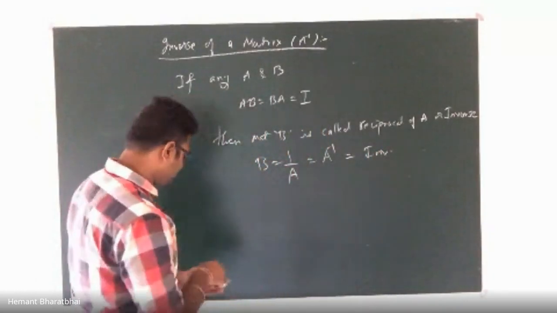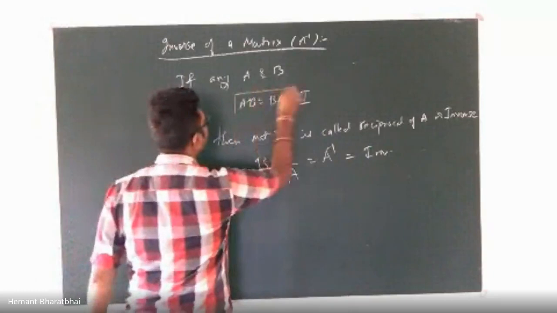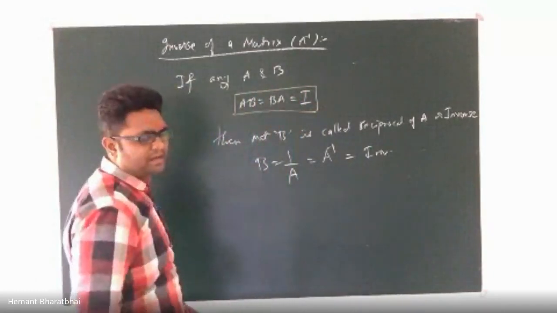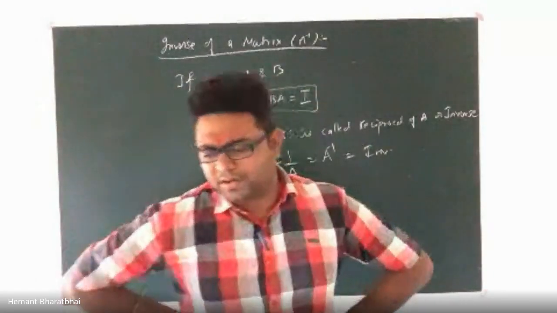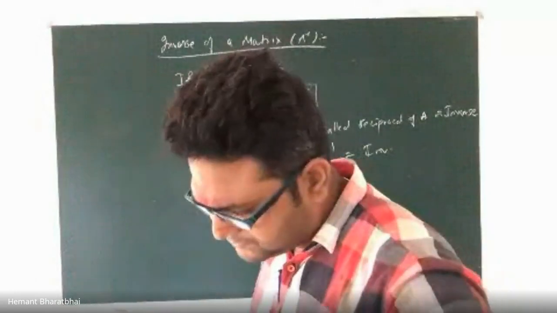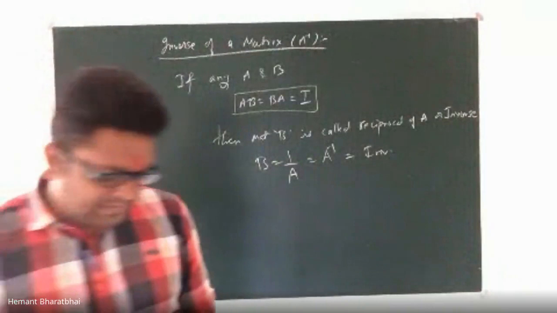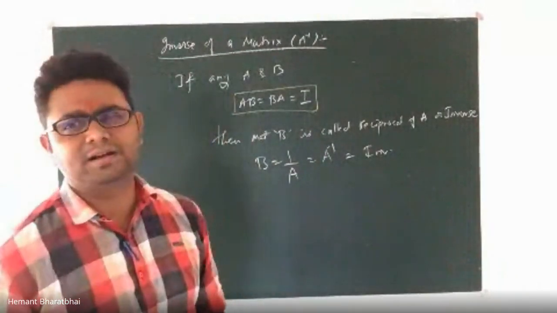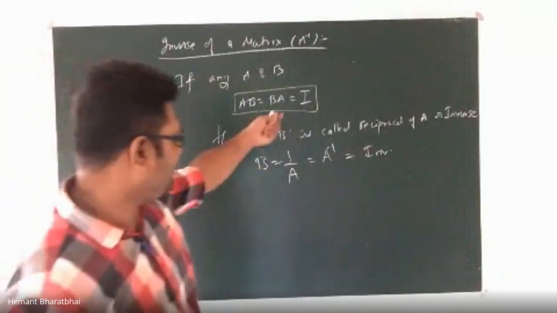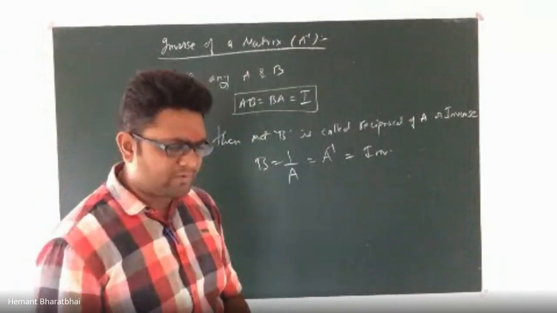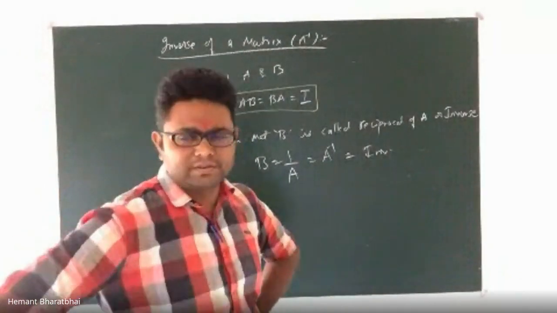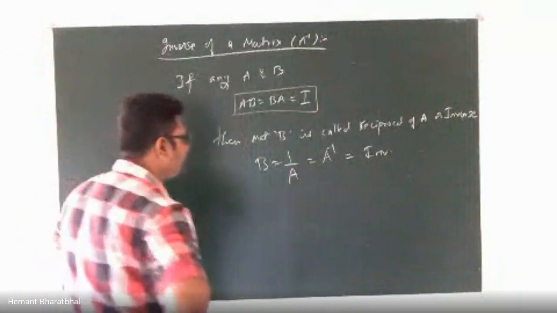Therefore, from the definition itself, we get one method to find the inverse of a matrix, but this method comes in the board exams, though from the JEE point of view it is not suggested because you have to do a lot of transformations.